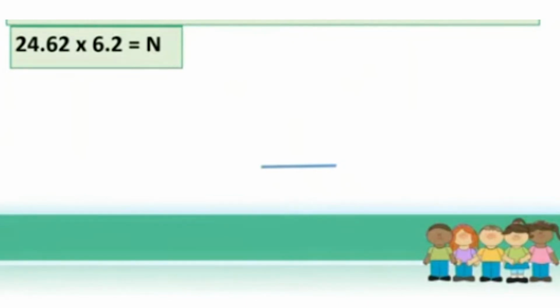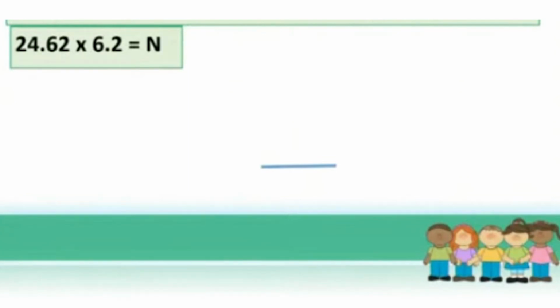Remember, the number in the tens place is 6 and is greater than 5. So, round up by adding 1. So, 24 plus 1 is equal to 25. Very good. 24.62 is estimated to 25.